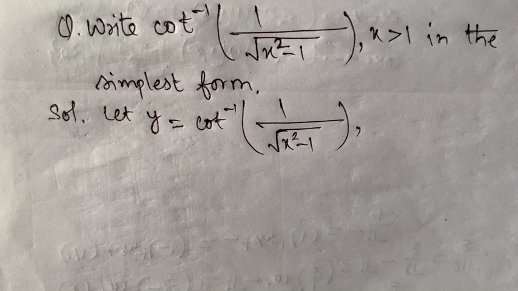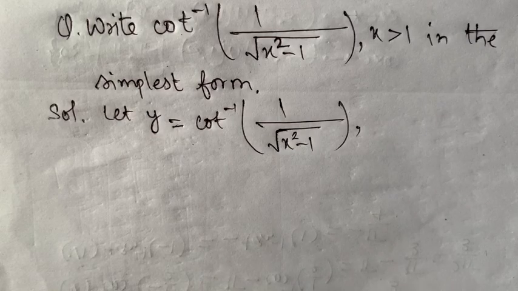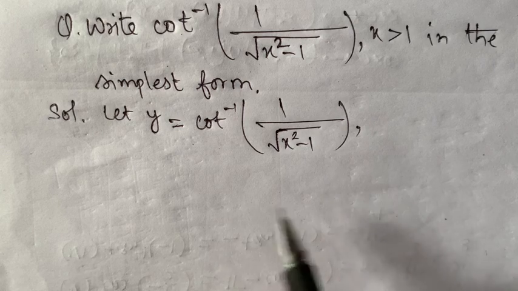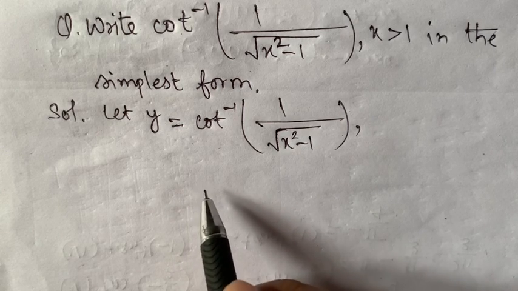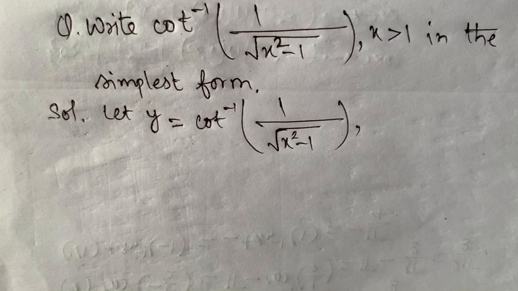In the previous question we had a trigonometric function inside the bracket, but here it is an algebraic function. So we need to put something and then get it reduced to the trigonometric form. Then by applying some trigonometric transformations and formulas, we will reduce it to the simplest form.